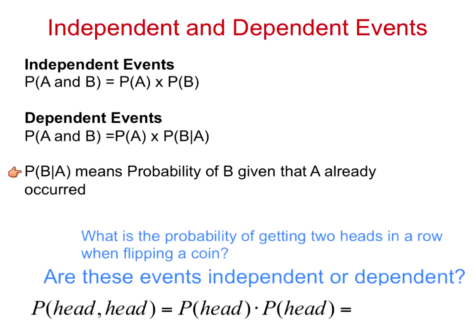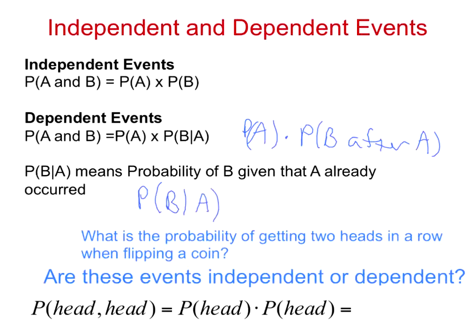These are the same formulas we just did, except I want to show you one thing. They're going to write it differently now. Remember before we were saying P of A times P of B after A? Remember we were saying it like that? Now instead of all of those words, they're going to write it like this, B after A. It's just like a shortcut. That's all. We've already done this formula. It's just a shortcut for writing it.